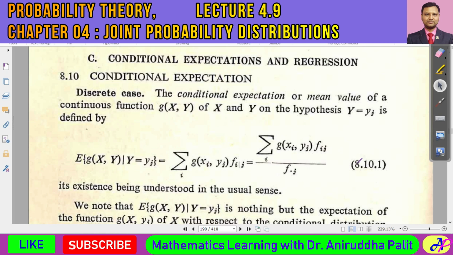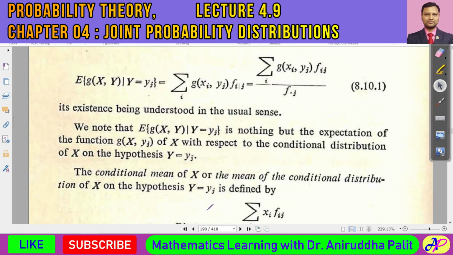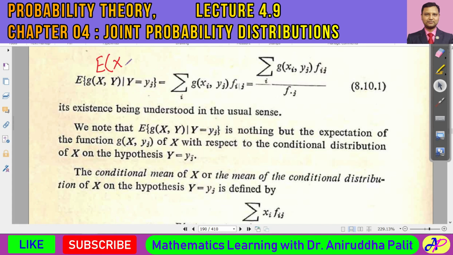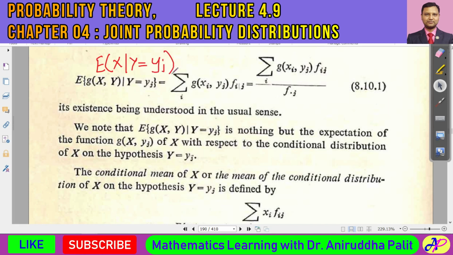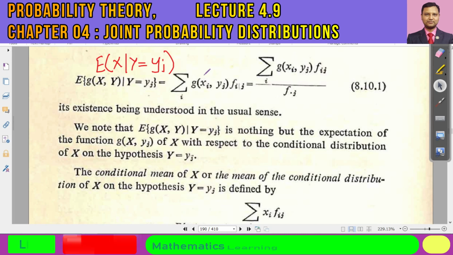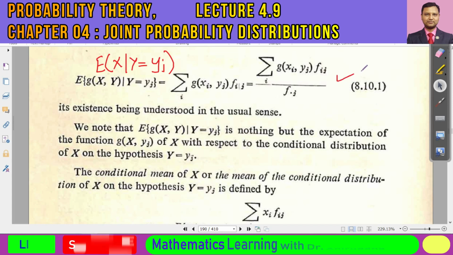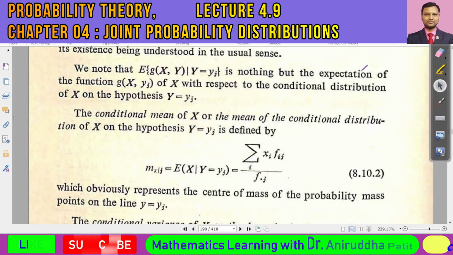Now, these were the discussions for discrete distribution, and in case of discrete distribution, if we compute the expectation of x given y is equal to yj, in that case we will get the conditional mean of x.